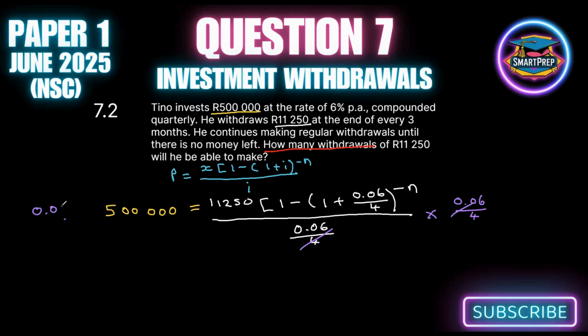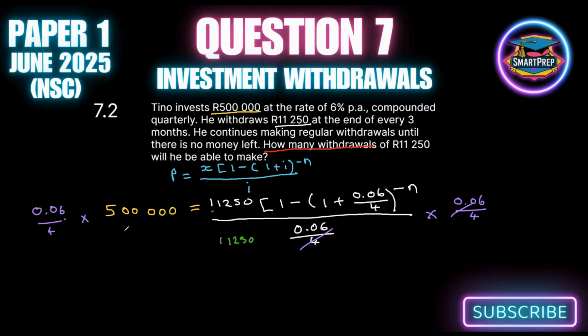Then, because I'm running out of space, I'm going to do this in one step. Then what I'll do is divide both sides by 11,250.